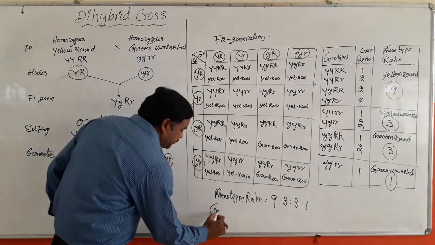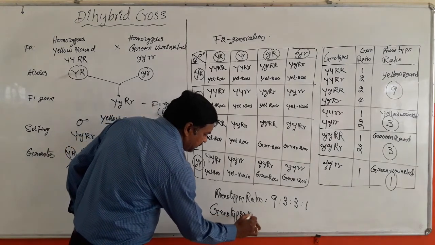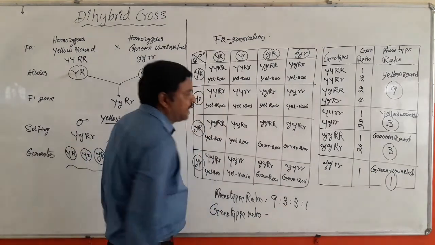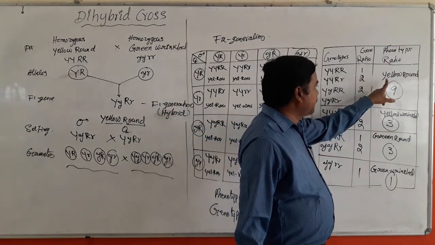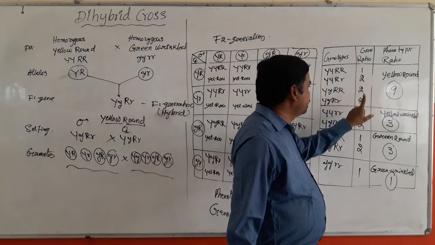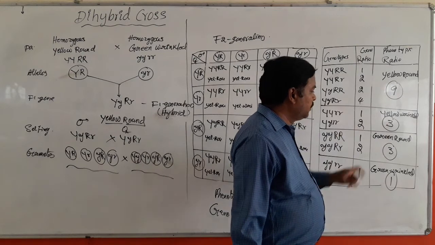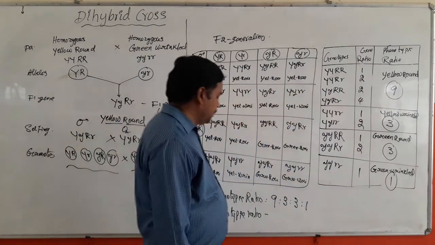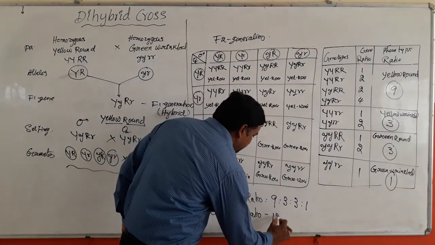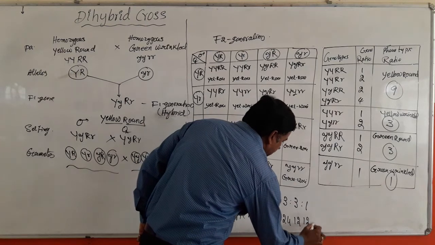But what about the genotypic ratio? This is the genotypic ratio. Genotypic ratio of yellow round 1:2:2:4. Genotypic ratio of yellow wrinkled 1:2. Genotypes of green round 1:2 and green wrinkled 1. That is 1:2:2:4:1:2:1:2:1.